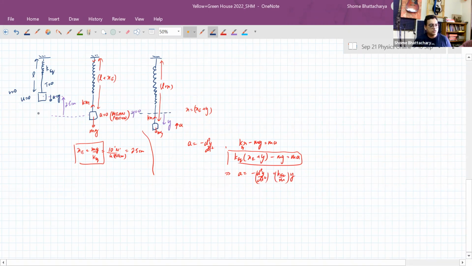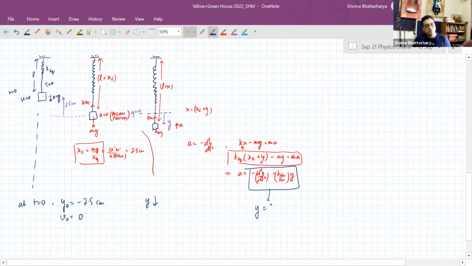So from this you can see that at t equal to 0, in my system, I'll have to take y naught as minus 2.5 centimeters, because I've taken the y-axis as downwards. And v naught is 0. From this equation, y is equal to some amplitude into sine of omega t plus phi, where y is the downward displacement from the mean position.